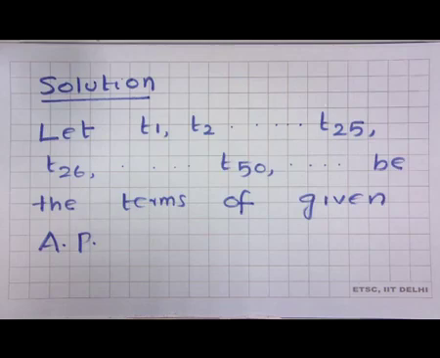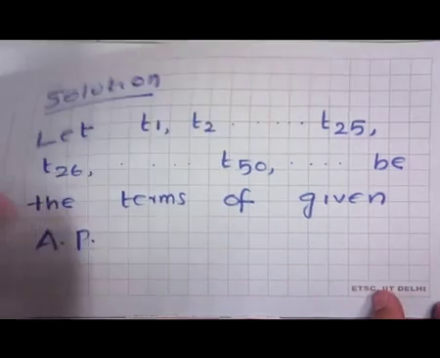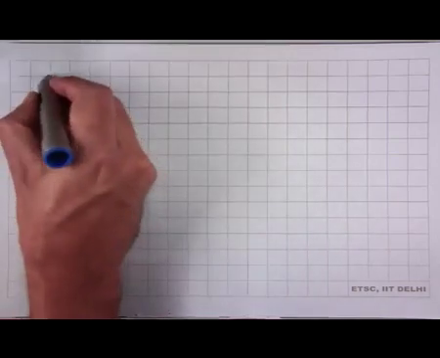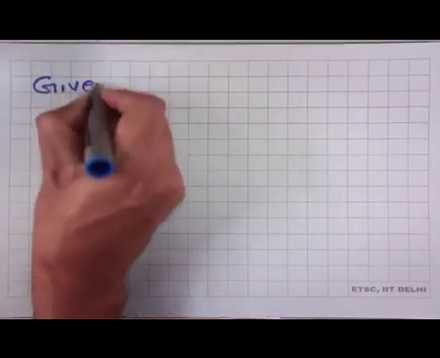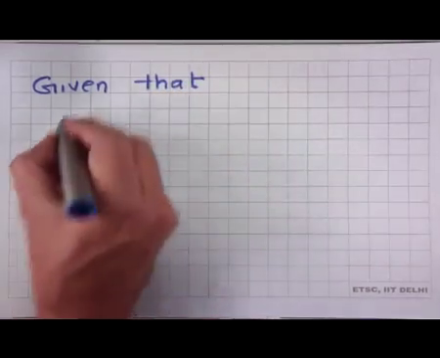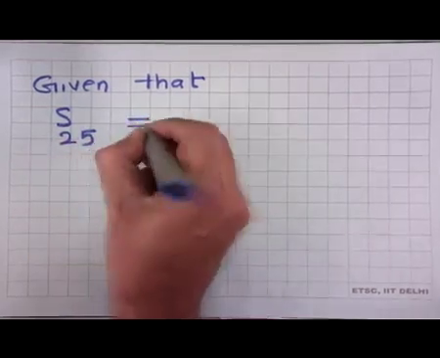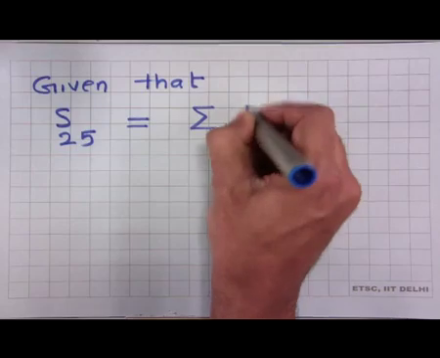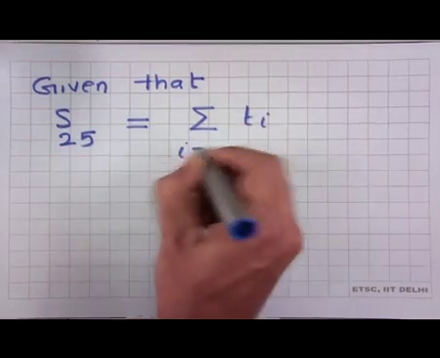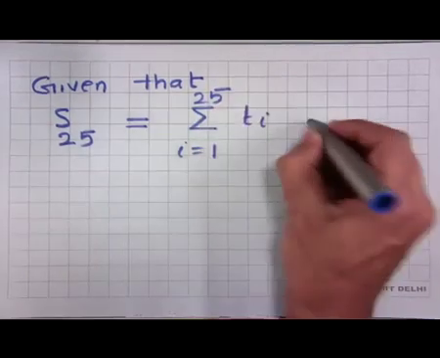Next, let us translate the information given in the question into symbols. Given that the sum of first 25 terms, denoted S25, is 525.